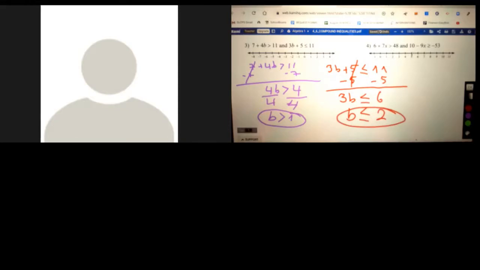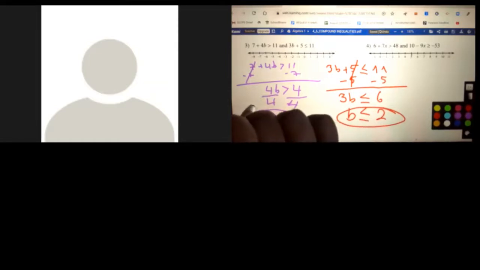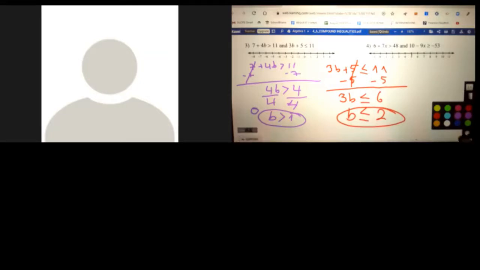All right. Now, this is the idea. I'm going to graph these and then talk about what they mean because it says "and." b is greater than 1. Is this going to be an open or a closed circle? Open, because I don't have the equal sign.